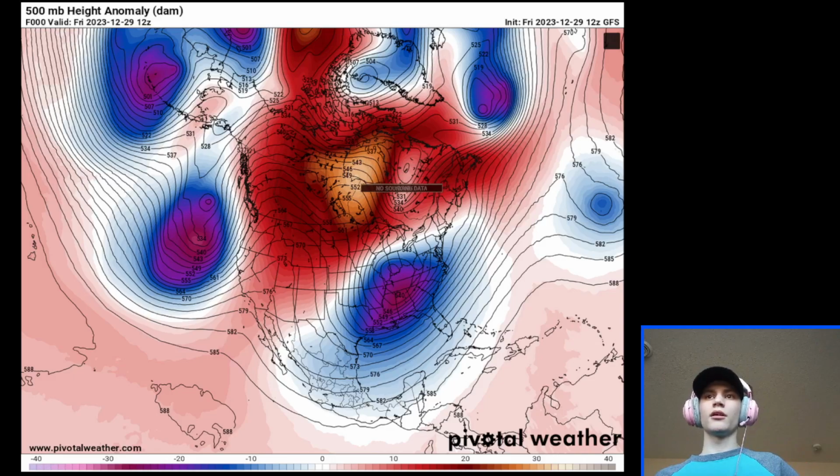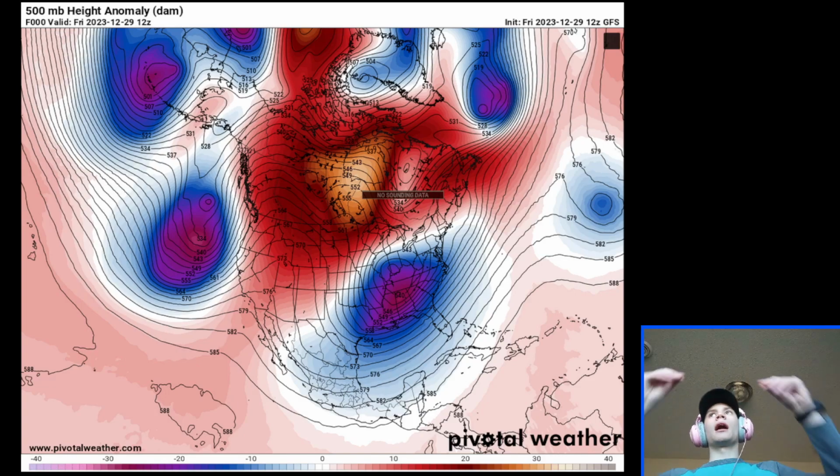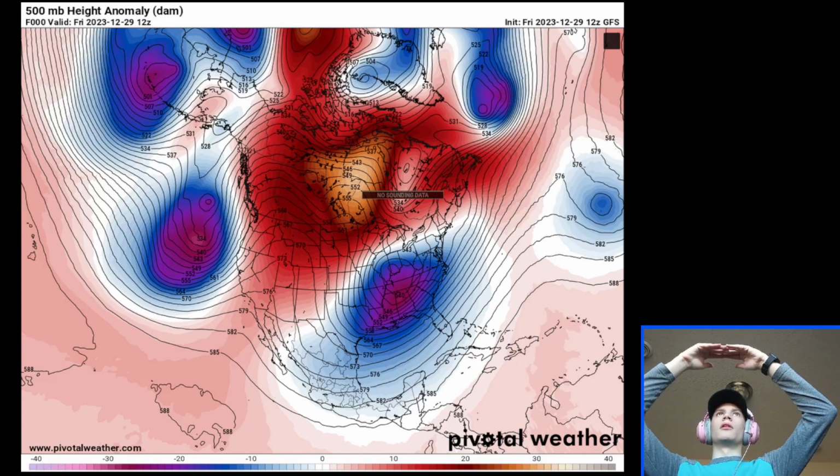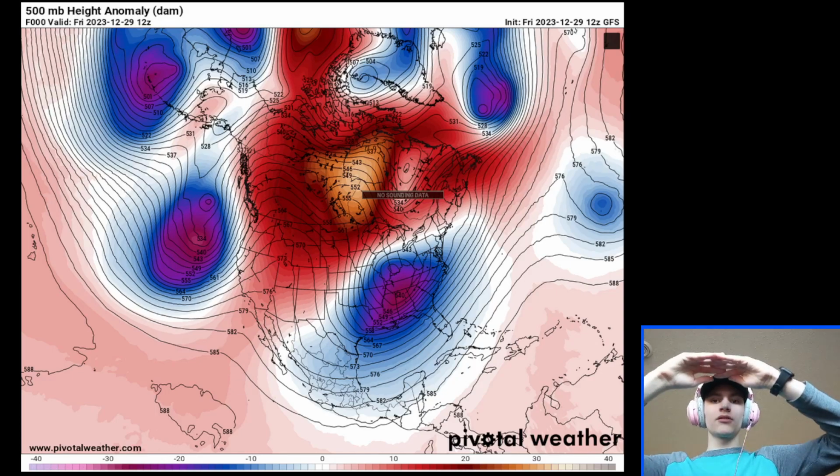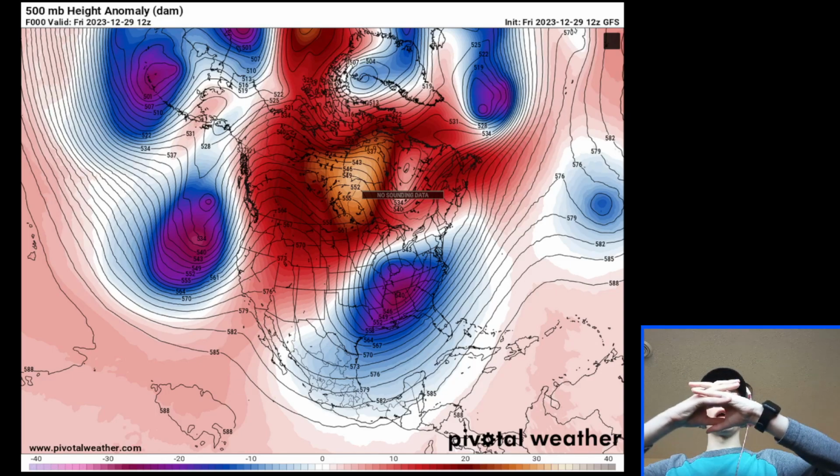Right here for Canada, you can see there's a pretty high pressure anomaly. So we can safely say they'll have above normal temperatures. Why? It's because high pressure aloft is going to promote sinking air, and when that air sinks, it's going to begin to compress more and more.